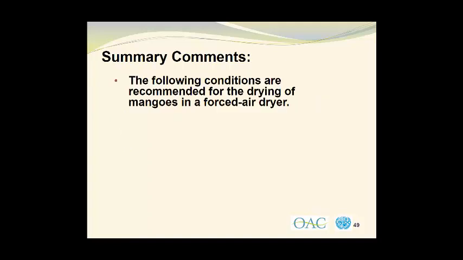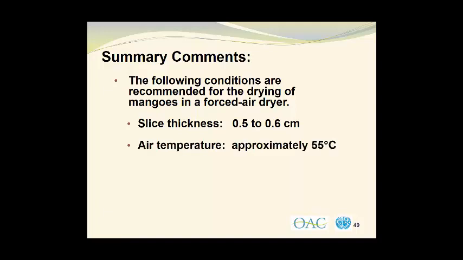So in summary, the following conditions are recommended for the drying of mangoes in a forced air dryer. You should have a slice thickness of approximately 0.5 to 0.6 centimeters. The temperature of the air should be approximately 55 degrees Celsius, and the air velocity should be about a half a meter per second.